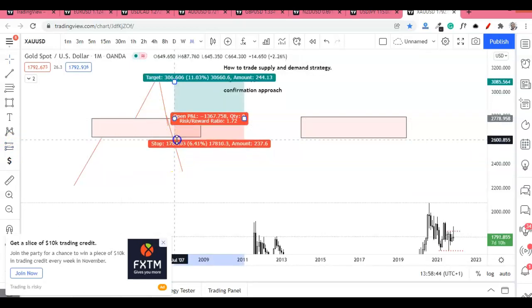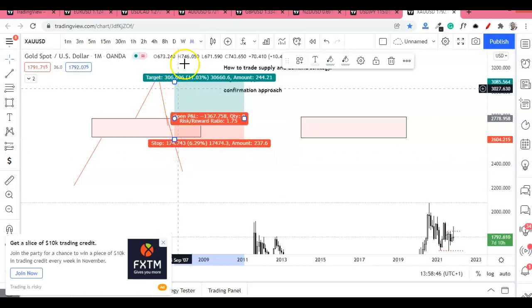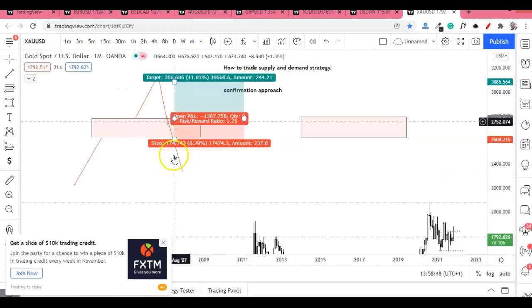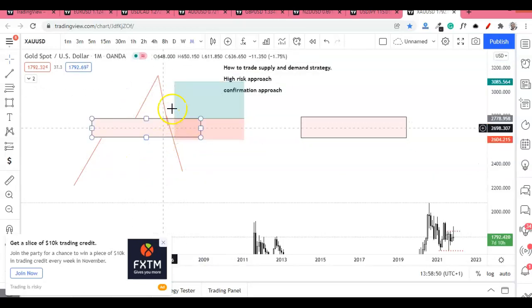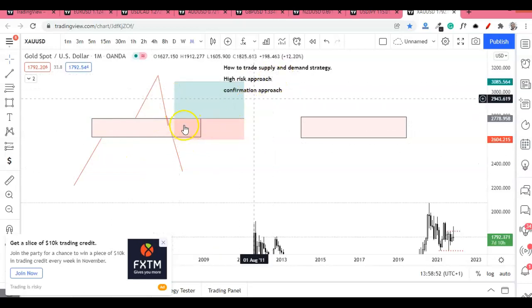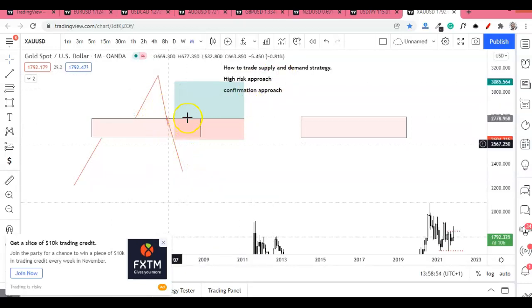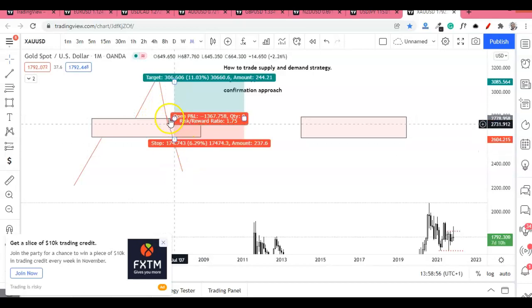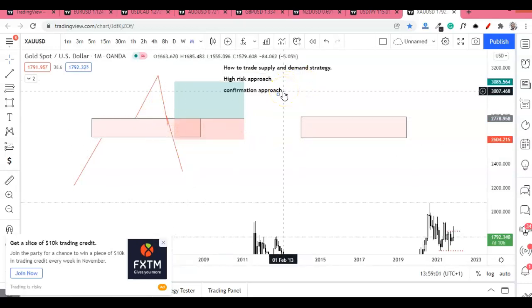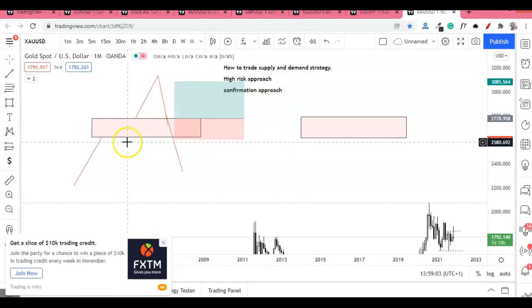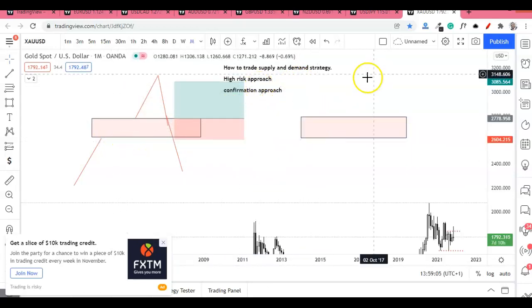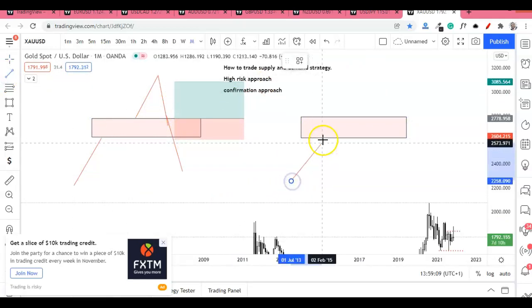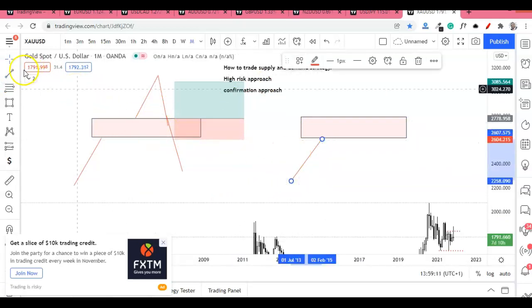Your stop loss will be below here, then take profit will be up. Are you with me? Now the disadvantage of a high risk approach is that number one, it is risky because there is no form of confirmation, and secondly, the risk to reward is always smaller compared to the confirmation approach. The risk to reward in this case is smaller compared to this. I will explain why with this illustration. Now let's assume we have the same scenario here.